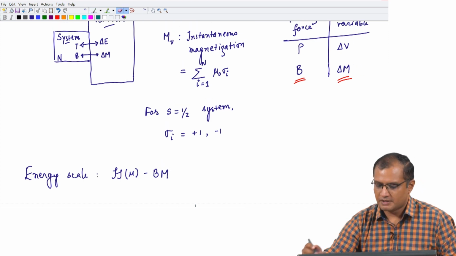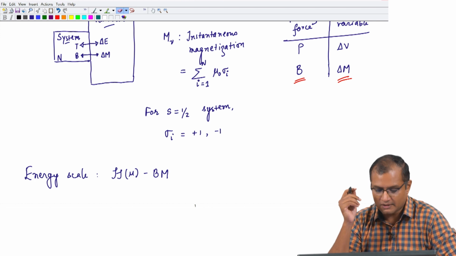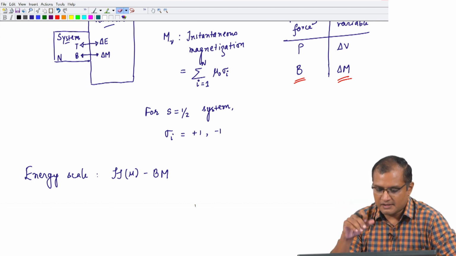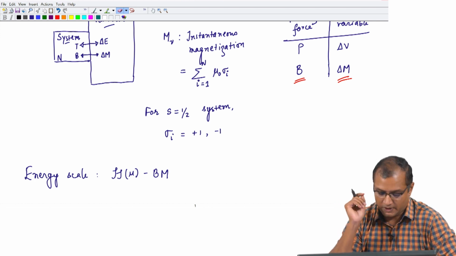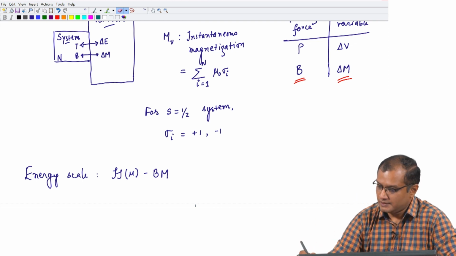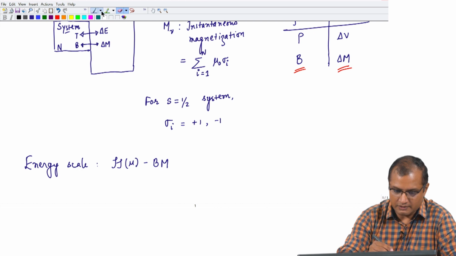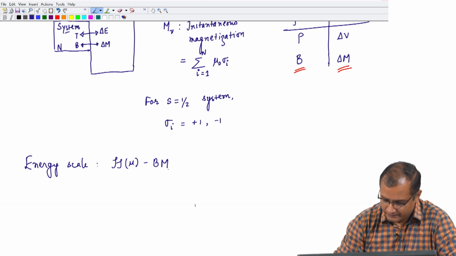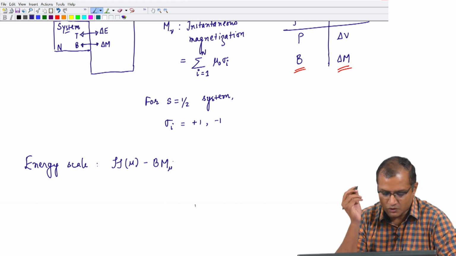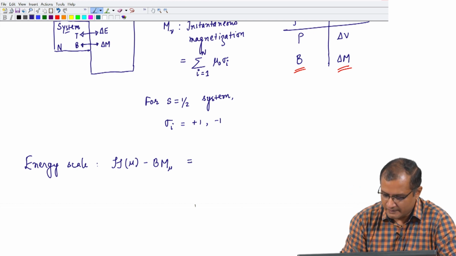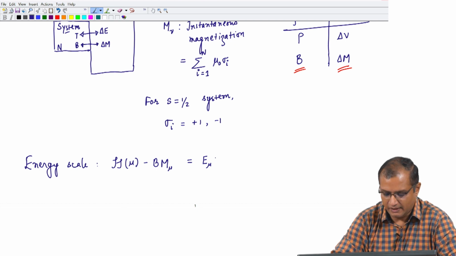So, this is the magnetization, instantaneous magnetization. As you can see, I have to take the magnetic moment of the mu-th microstate. So, I am going to call this the total energy of the mu-th microstate. So, that is my energy scale.